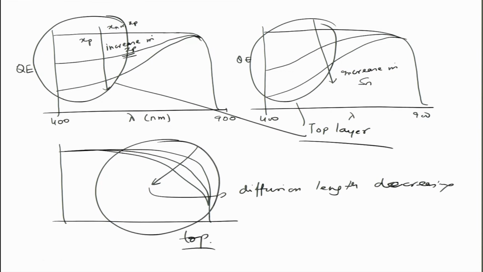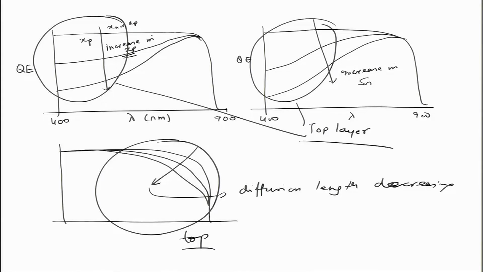Whether it is because of Lp or Ln or Sp or Sn, that will depend upon the type of semiconductor device, but you can see in which region the decrease or increase is happening. If the decrease is happening on the shorter wavelength side, then it is mainly because of the top layer, and if it is happening on the longer wavelength side, it is because of the bottom layer.